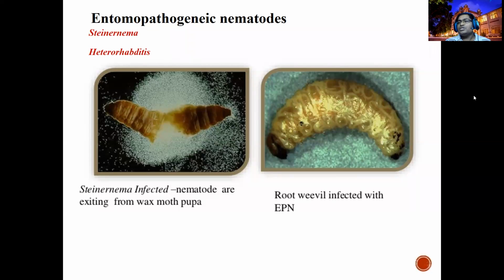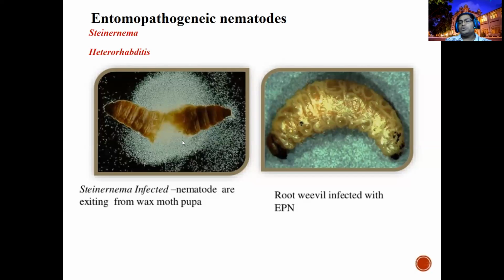Why? These nematodes can kill the insect within 48 hours, and they will multiply in millions in 48 hours. So that's how these entomopathogenic nematodes are also a very good biological control agent to manage especially grubs and larvae. Whatever larvae or grubs are in the soil, you can use these entomopathogenic nematodes.